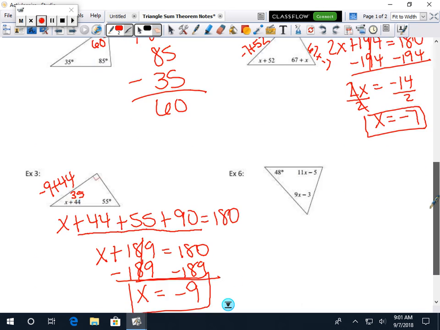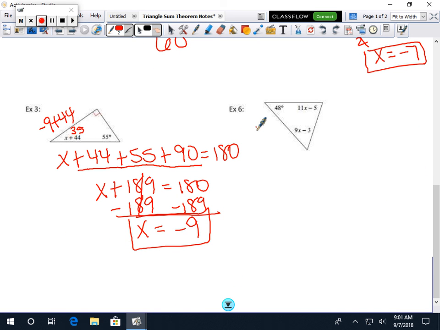Looking at the last example here, example 6. I'm going to add everything up and set it equal to 180. So I have 9x minus 3 plus 11x minus 5 plus 48, and that's going to be equal to 180. I'm going to combine my like terms.